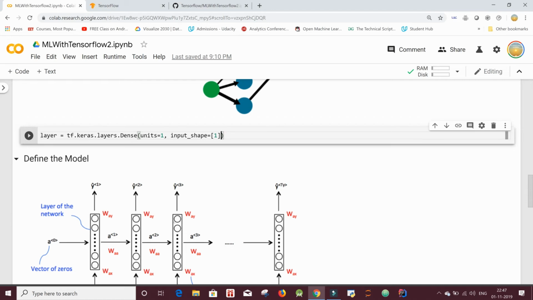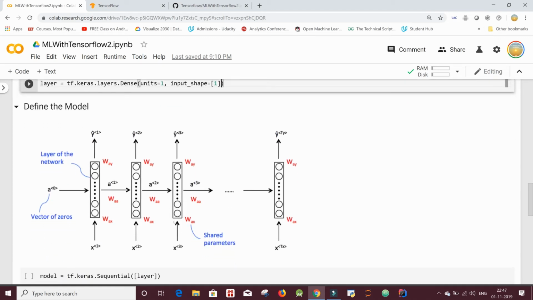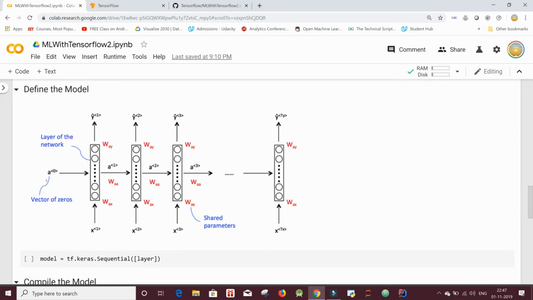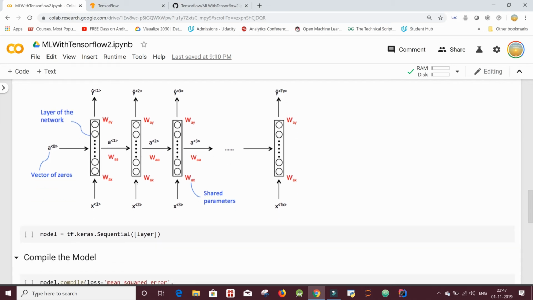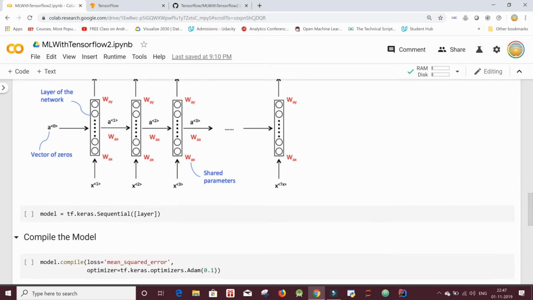Now we'll be defining the model. The model works in this way: each input is fed sequentially to the hidden layer, and then the result is computed and we get the output. So each input has its own weight and is important.